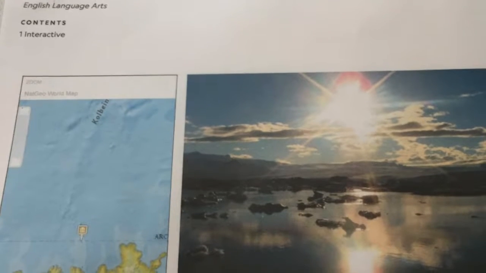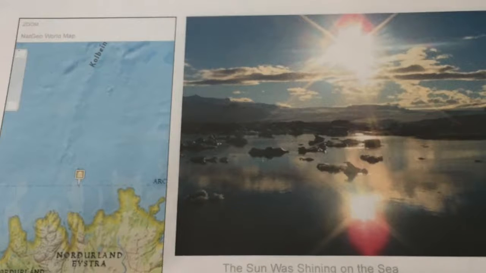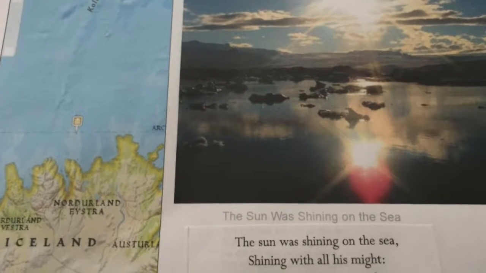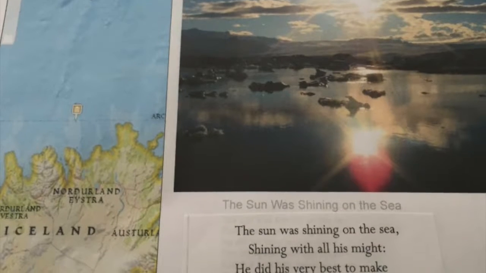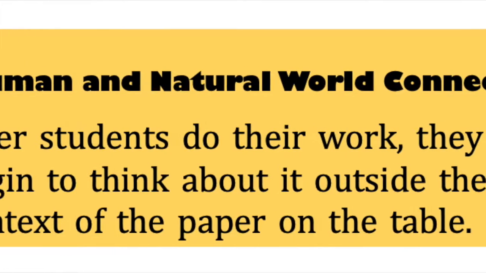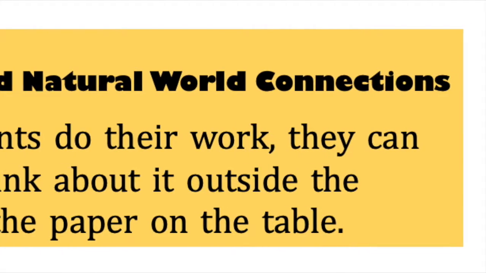The students also looked at all the different pictures from the National Geographic website, The Walrus and the Carpenter, and were able to see the sun that shined all night. It emulated the actual words of the poem. The human and natural world connection is what makes the lesson, coupled with National Geographic, so powerful.